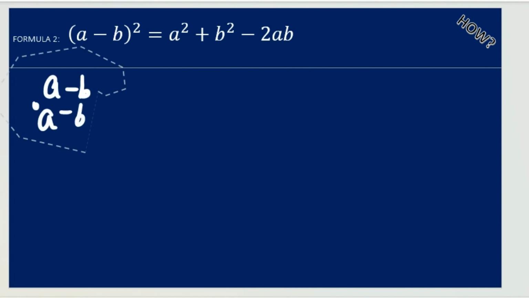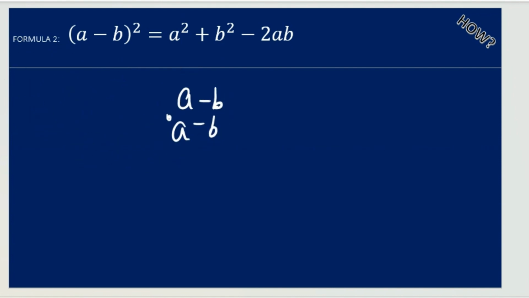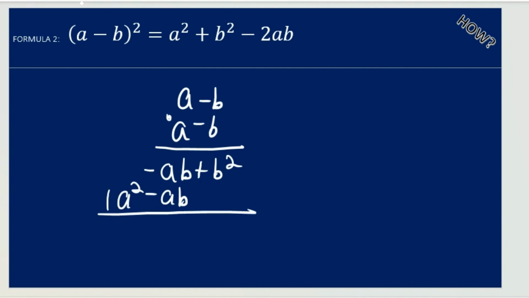Okay, now we just gotta multiply. Negative b times negative b is going to be positive b squared. Negative b times a is going to be negative ab. Then a times negative b is going to be negative ab again. So, the same thing. Then a times a is going to be a squared. Now I just gotta add.